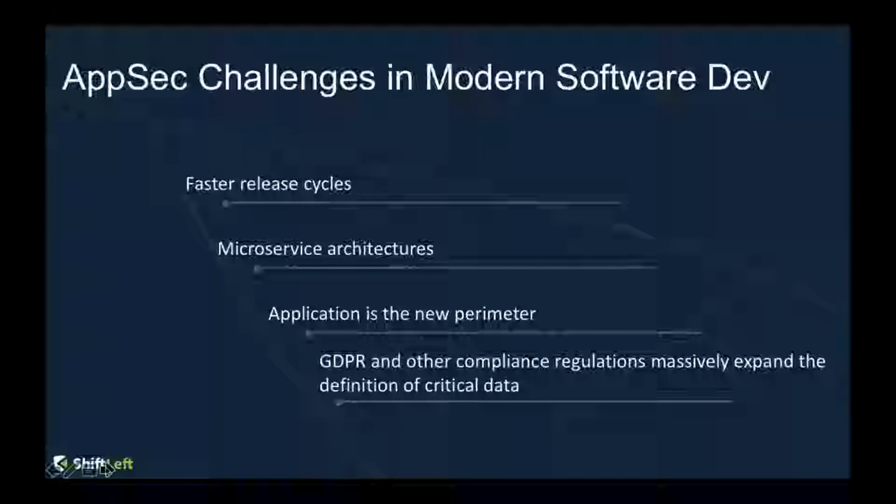So now the scope of what needs to be protected has significantly increased. And also the number of businesses that have to watch out for these regulations has increased. As an example, again, GDPR: it doesn't matter where your business is located. If you're working with EU resident data, you need to address this regulation.